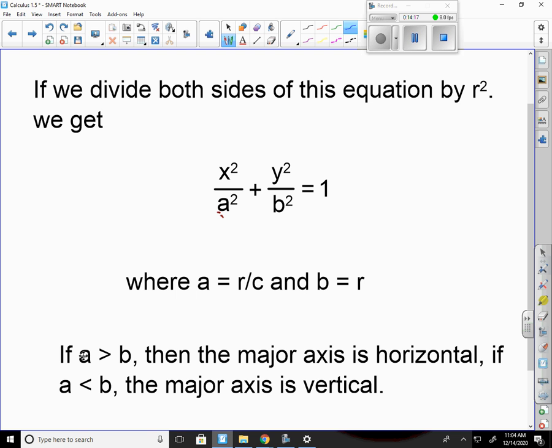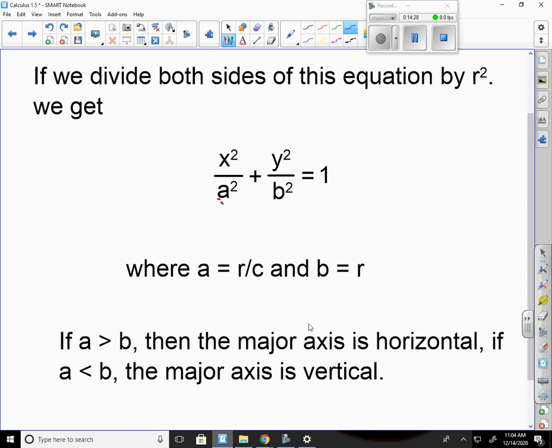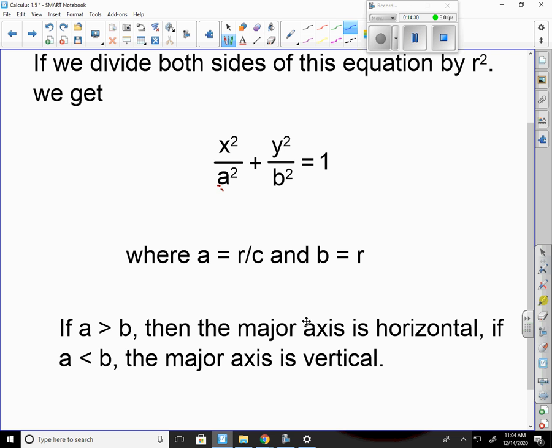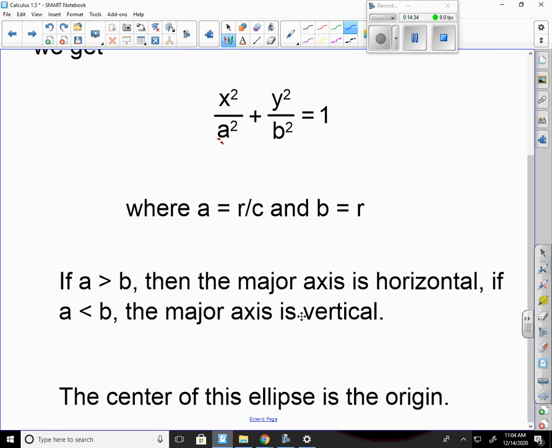If the number we get for a is greater than b, then the major axis is horizontal. If the number we get for a is less than b, then the major axis is vertical. The center of this ellipse would be the origin, because we haven't added or subtracted anything from our x's and y's on top.